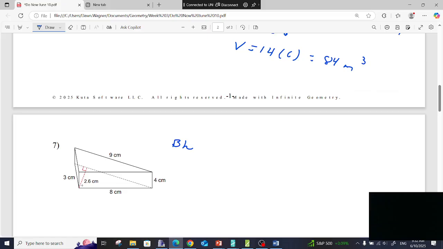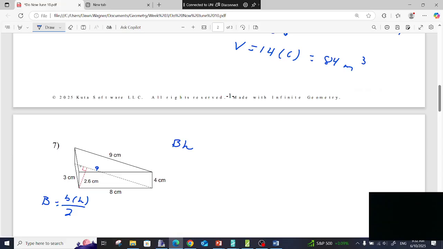To find the area of the base, then, the area of the base is going to be base times height divided by 2 since it's a triangle. Here's the height of the triangle. That's the 2.6. The base of the triangle that they're talking about is going to be where this height is drawn to, which would be 9, because these two are parallel and both of these are rectangles.